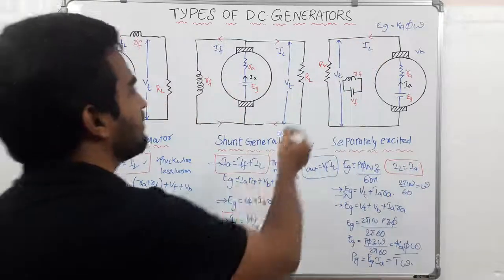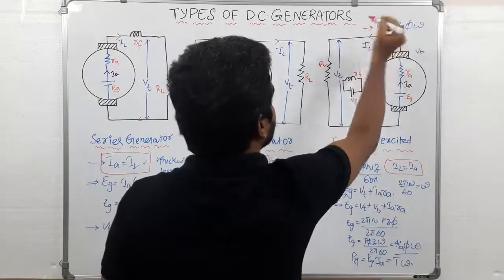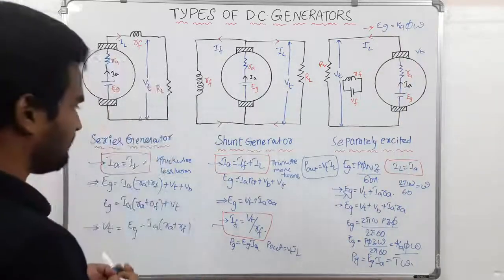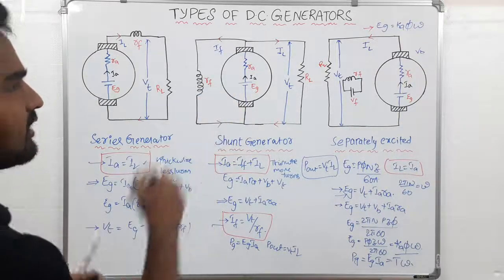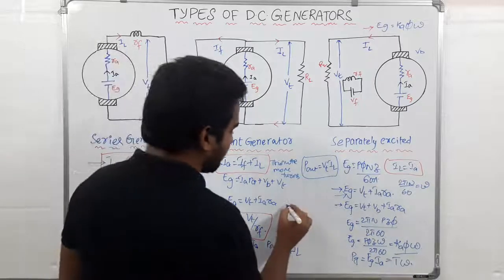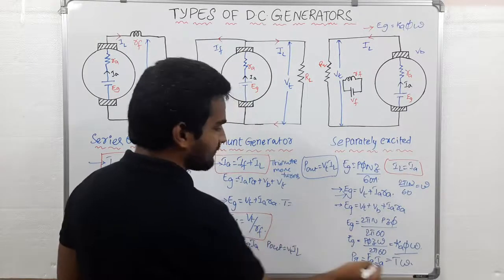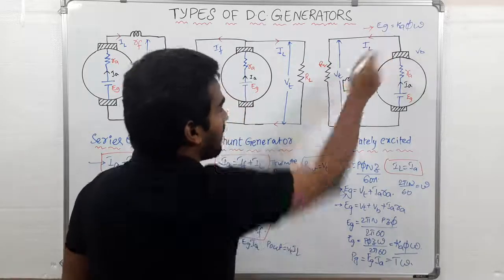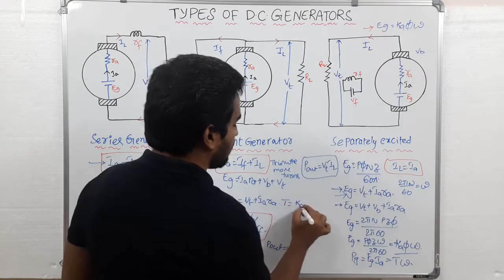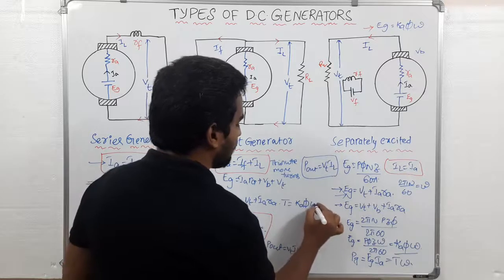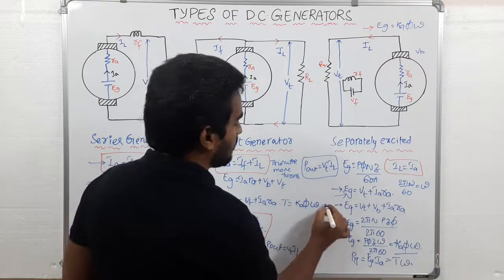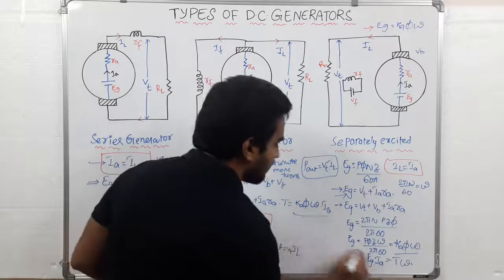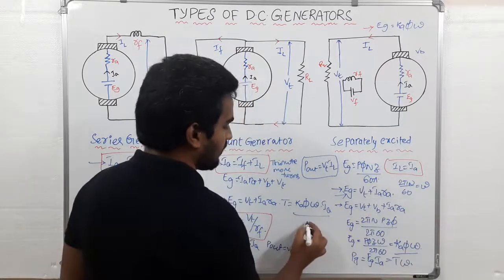And the performance equation of the generator: Eg equals Ka into phi into omega. Now let us write the torque equation. Torque T will become, from here, Eg into Ia, where Eg is nothing but K into phi into omega, into Ia by omega.